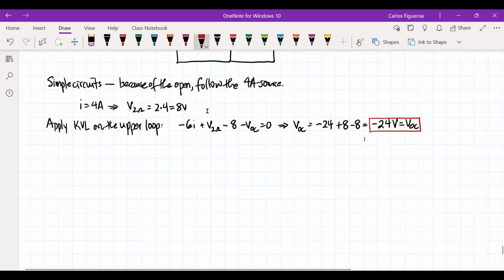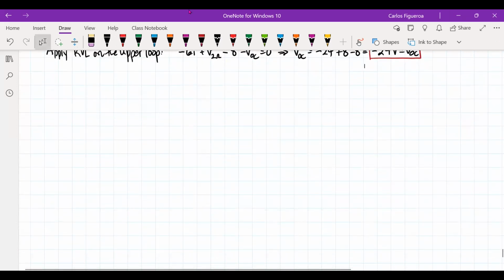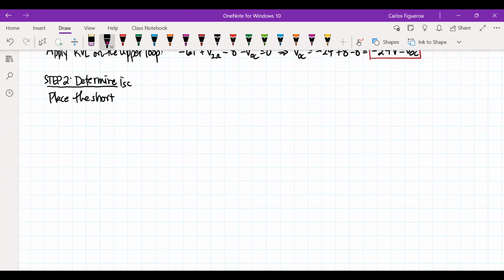So now let's go to our next piece. Our next piece is that we want to determine I short circuit. If I look at the circuit, that means I need to place the short at the open.